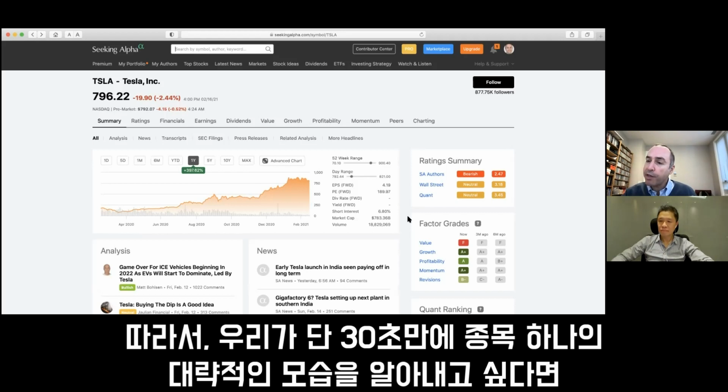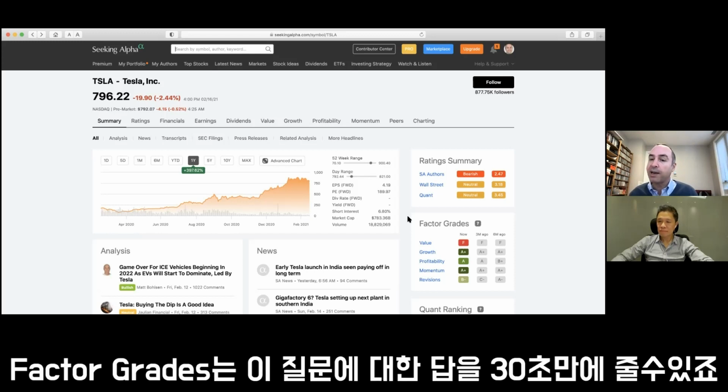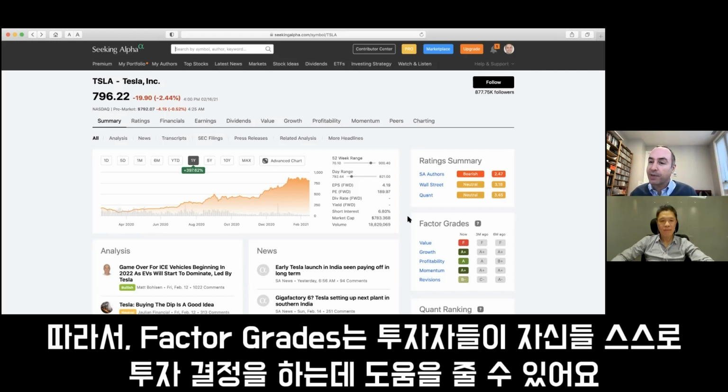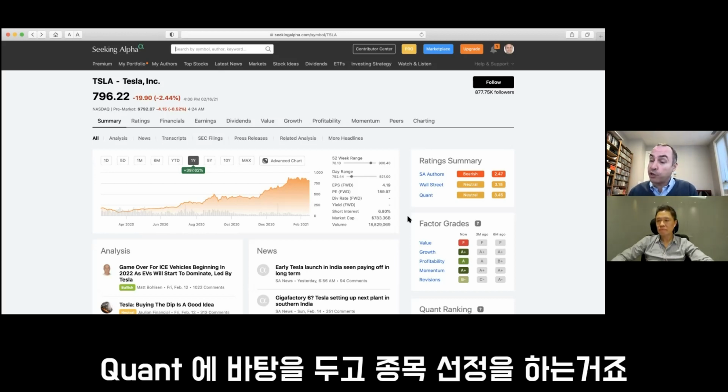They're a way in 30 seconds of saying, I just want to understand this stock. What is this stock like? And so the factor grades are amazing for investors to make their own decisions. The quant ratings give you more help in deciding, if you want to rely on us, whether you should own this stock from a quant perspective.